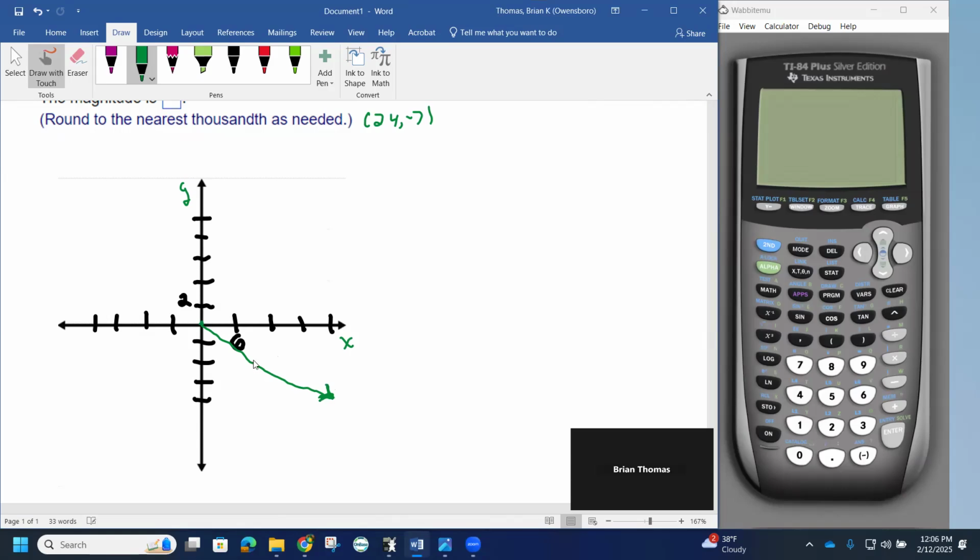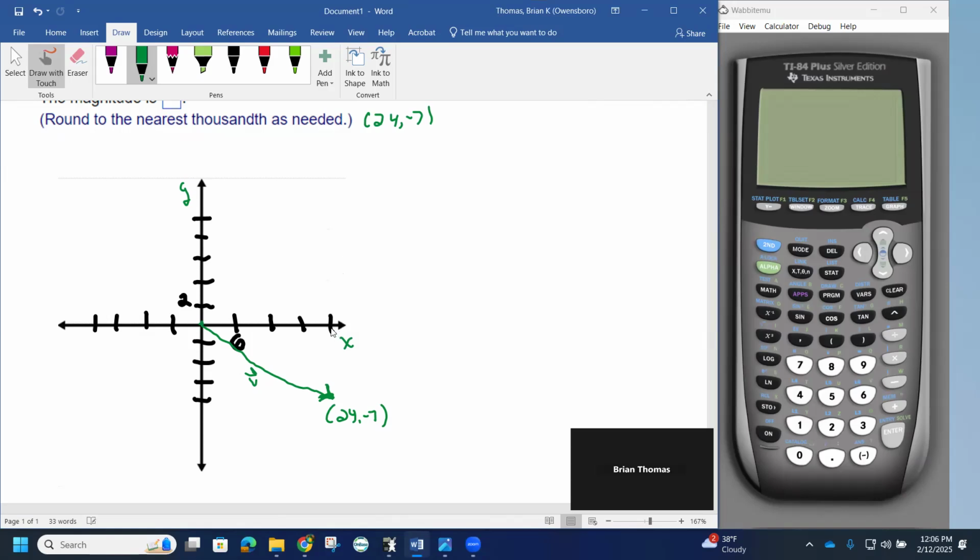Now, the magnitude is the length of the vector. If we call this vector v, notice how it has an endpoint of (24, -7).